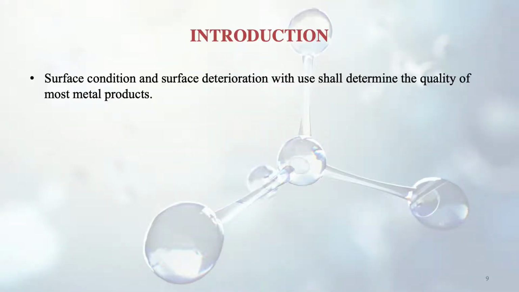A little bit of introduction about the wear phenomena. Surface condition and surface deterioration with use determine the quality of most metal products. As we use a material, what condition it retains or what deterioration takes place determines the quality of our products.